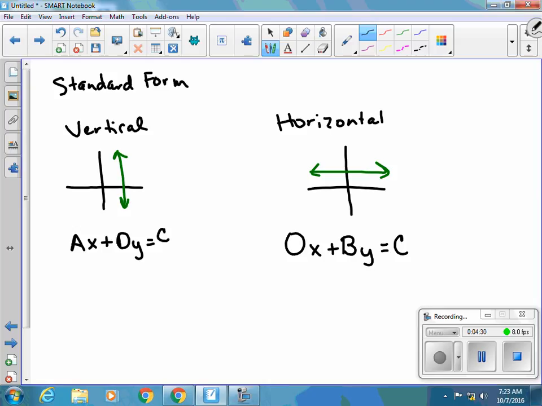That's how you're going to tell the difference between a vertical line and a horizontal line, because we've got 0 for our A or B, determining that. Otherwise, it's pretty straightforward. They're just going to be asking you to graph based in standard form and to find your x and y intercepts.